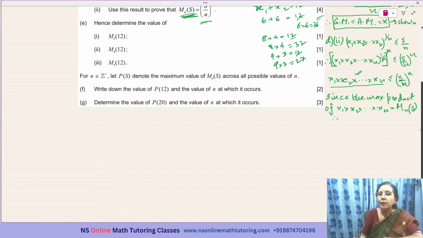Therefore, Mn of s is equal to s over n raised to the power of n. Okay? Proved.